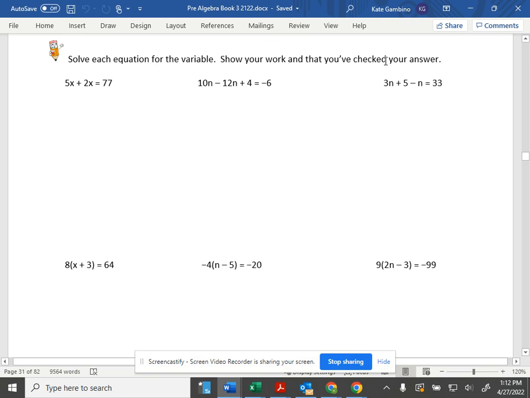So you're going to take that answer, n equals 0, and you're going to plug that 0 into the original equation and make sure it works, that it makes sense. When I say show your work, I want to see step by step, one right after the one underneath the next, just like I was setting it up. Step by step, show your work.